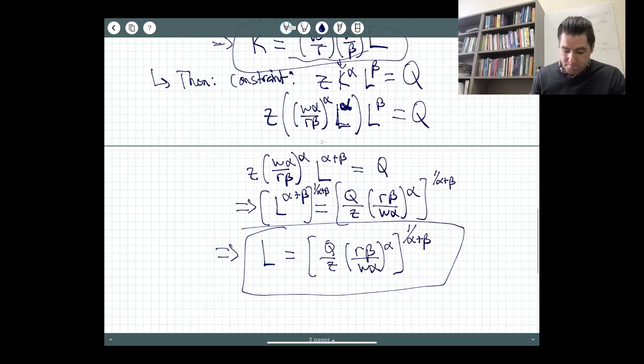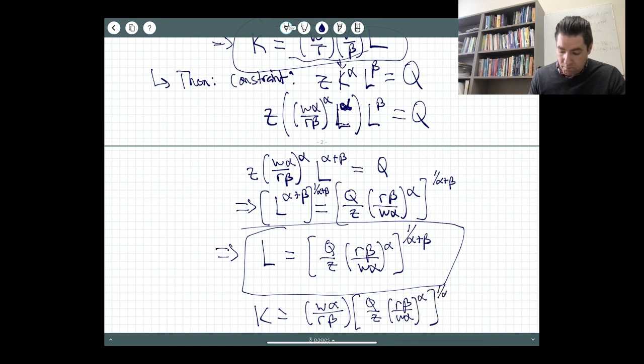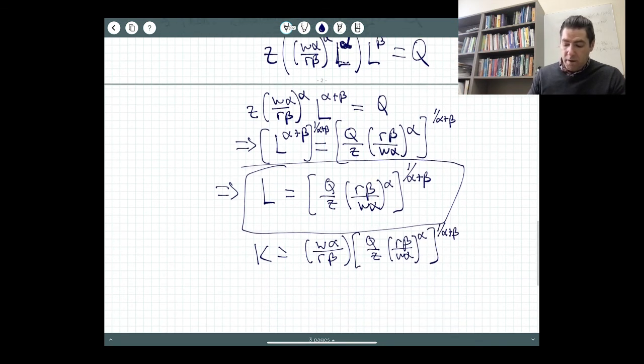So K is going to be equal to W alpha over R beta times this whole thing. Q over Z, R beta, W alpha, the alpha, that whole thing to that power.